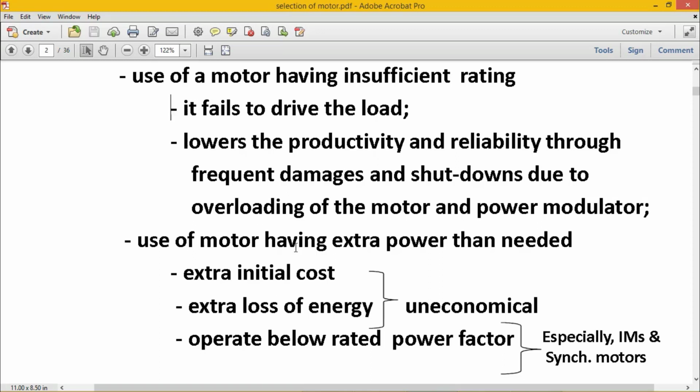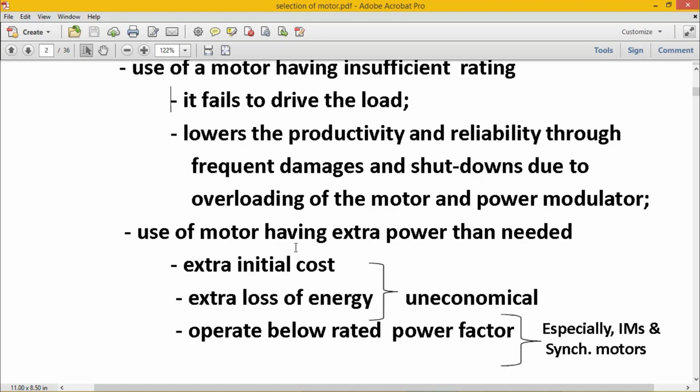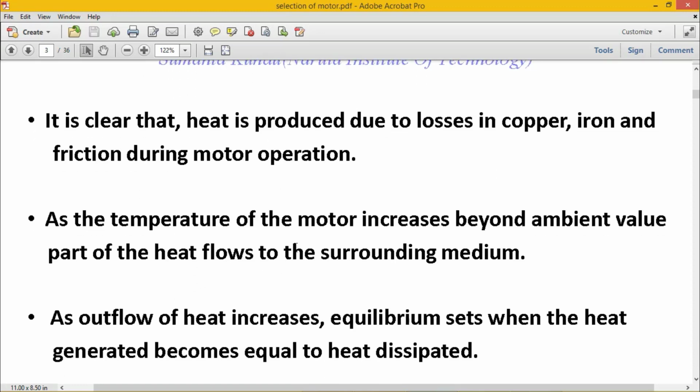So when we are choosing a motor for a particular application, its rating cannot be insufficient, or it cannot be extra, it cannot be surplus rating. Okay, so in both cases it is a problem.